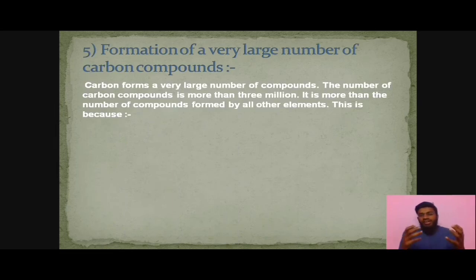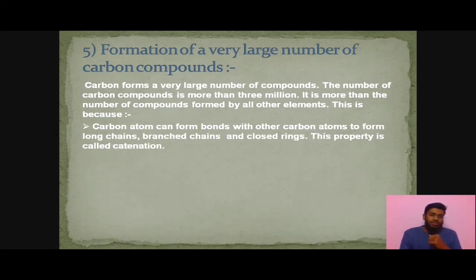Formation of a very large number of carbon compounds. Carbon forms a very large number of compounds. The number of carbon compounds is more than 3 million. It is more than the number of compounds formed by other elements.